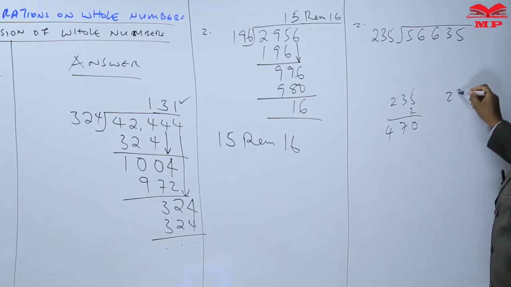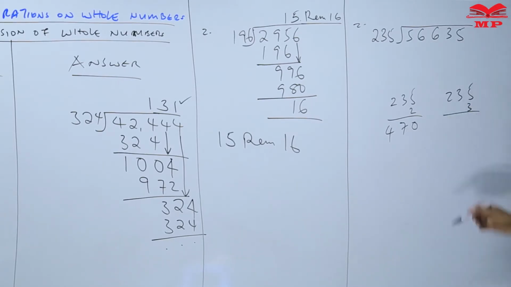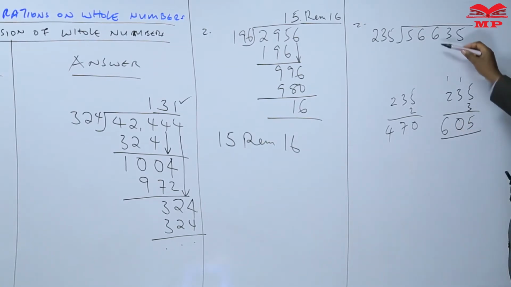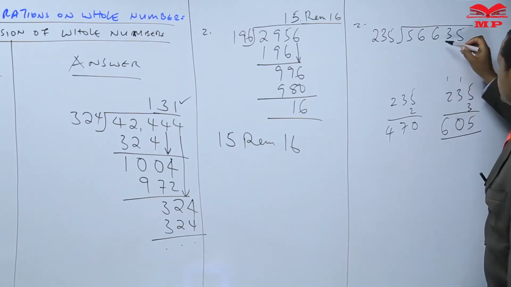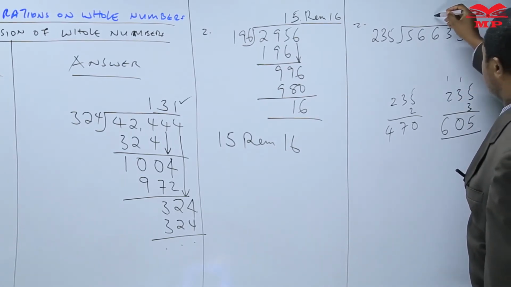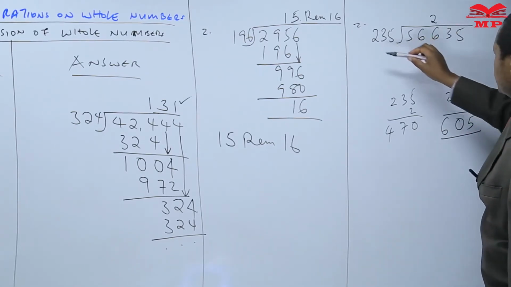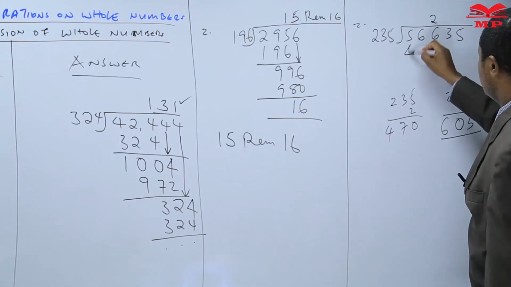So let's try 235 times 3. 5 times 3 is equal to 15, write 5, carry 1. Then 3 times 3, 9 plus 1, 10, write 0, carry 1. 2 times 3, 6 plus 1 is 7. So this one is beyond this number, which means the right number is 2, and 2 times 235 is equal to 470.